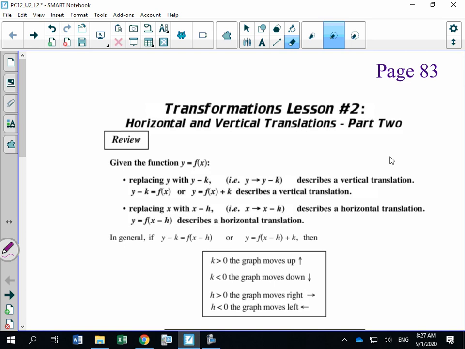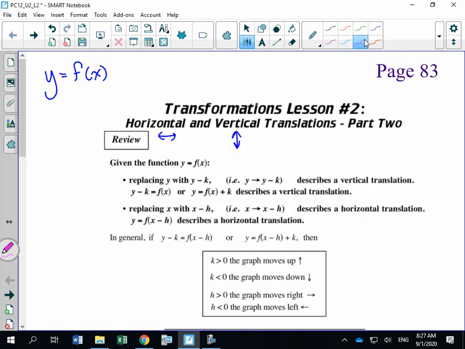So let's just do a quick review of what was introduced in lesson 1 with horizontal and vertical translations. You're going to be given a function, and we call all of our functions y is equal to f of x. So f of x is just function notation. What happens is we are going to translate this function horizontally, which is a left-right move, or vertically, which is an up-down move.